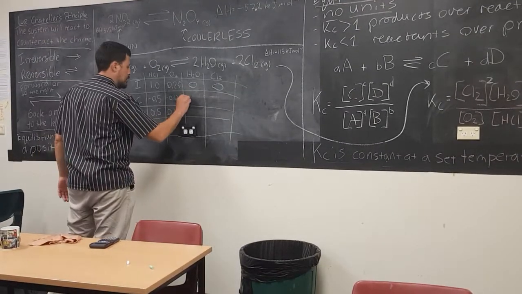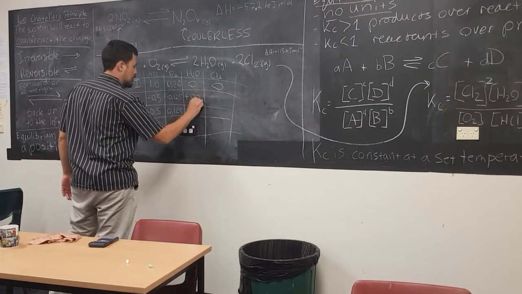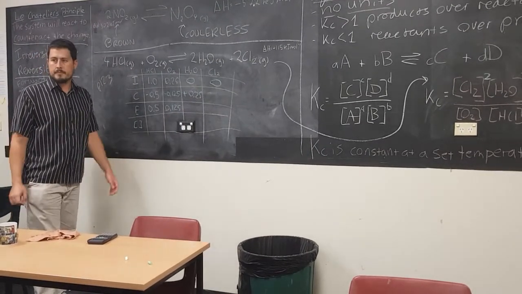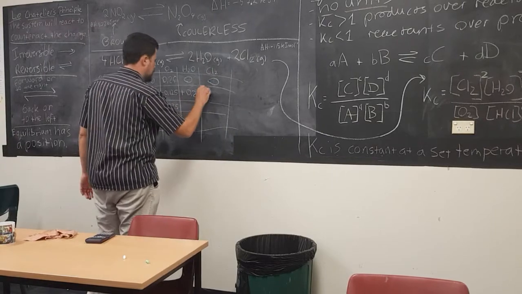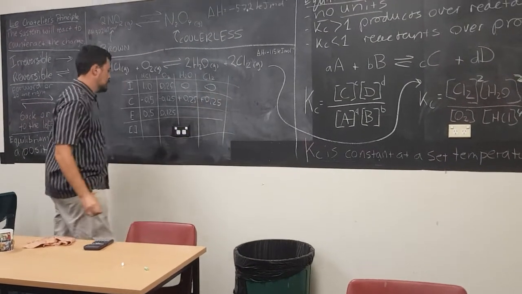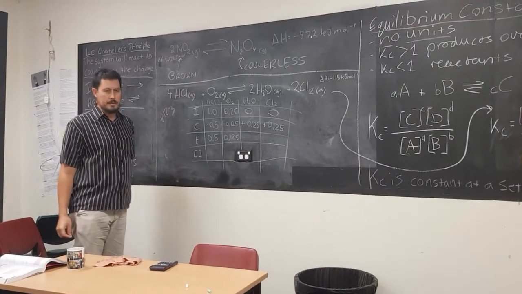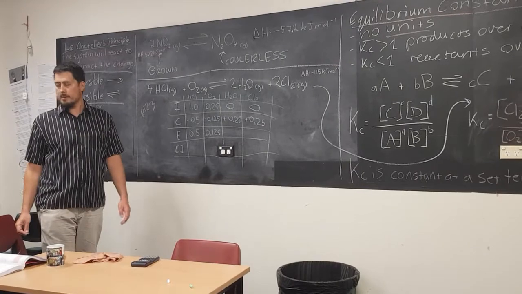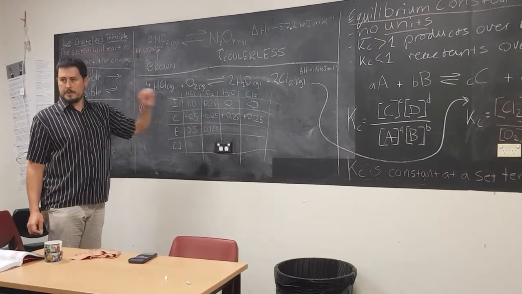Half of that, 0.25. How about chlorine? Same. So in the end, 0 plus 0.25 is 0.25.